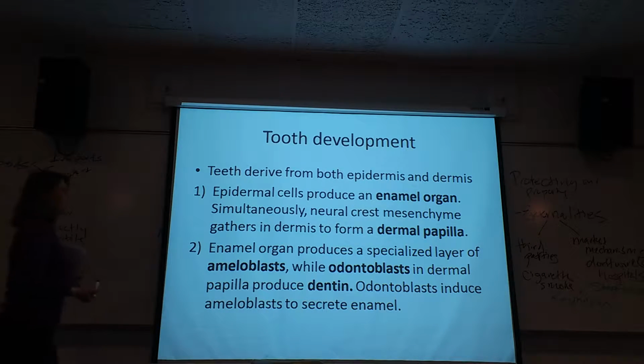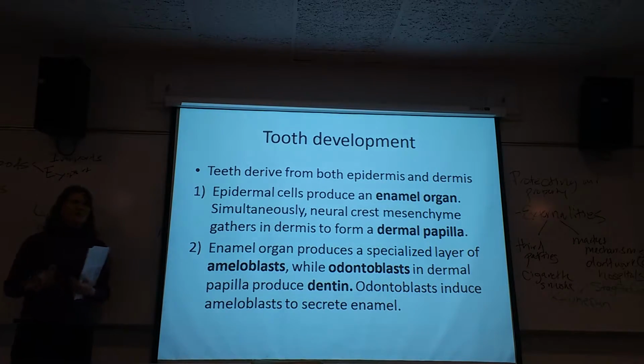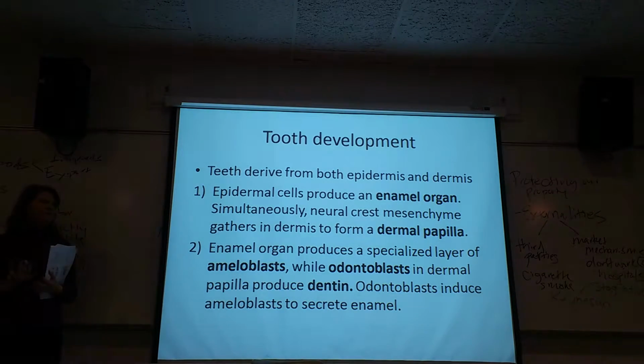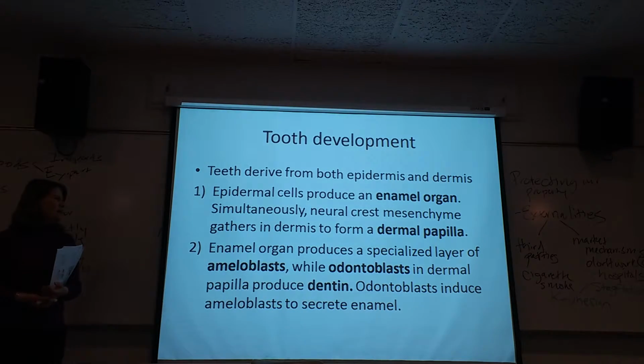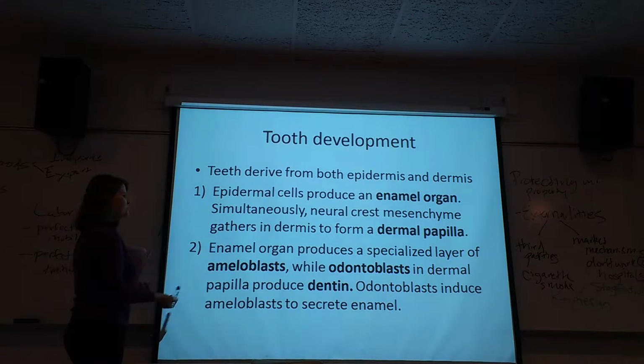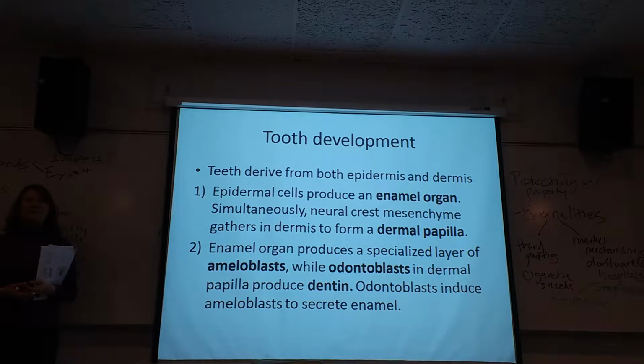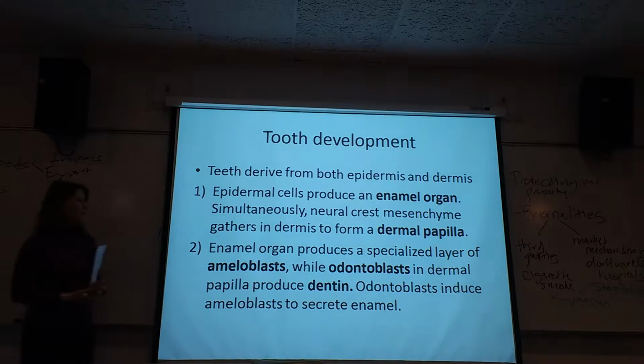So the enamel organ grows downward at the same time as neural crest mesenchyme proliferates and gathers in the dermis to form this dermal papilla. The enamel organ then produces a specialized layer of cells, which we call ameloblasts. Ameloblasts produce enamel.